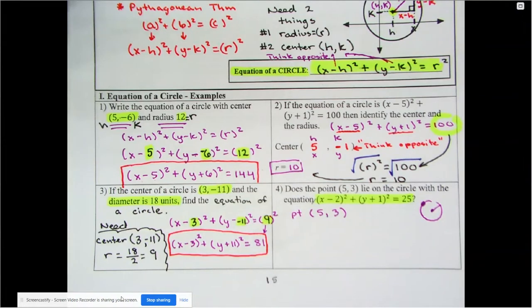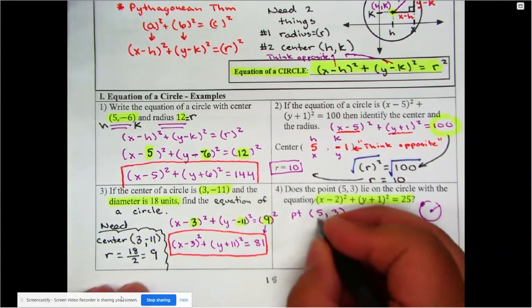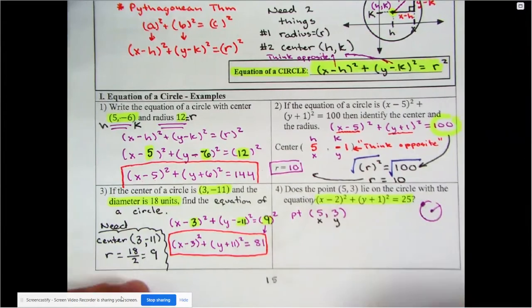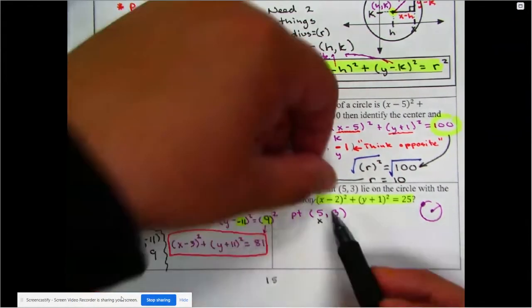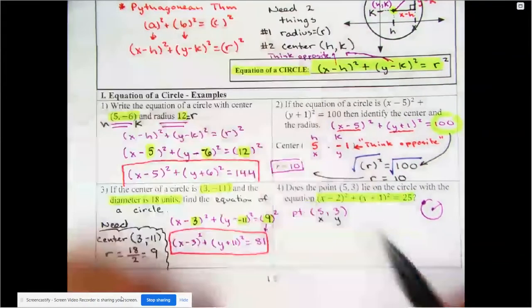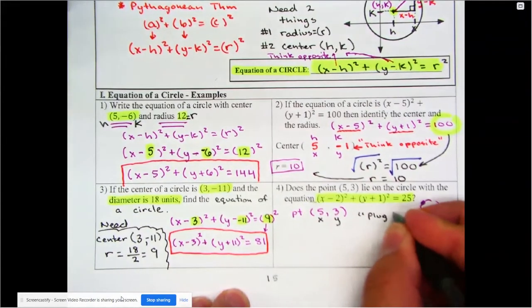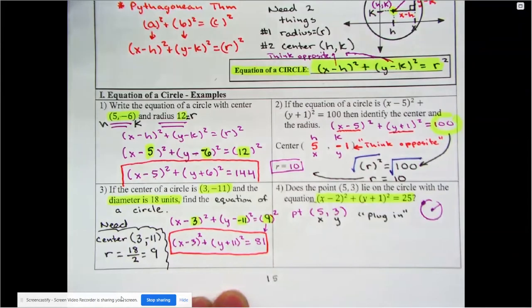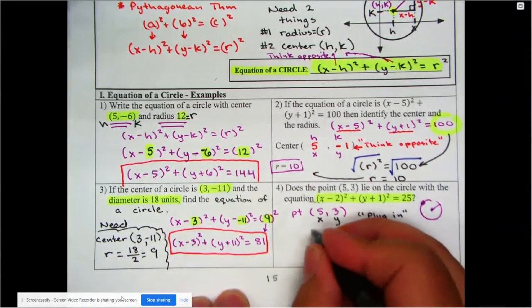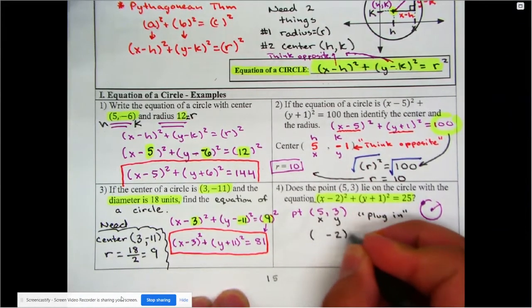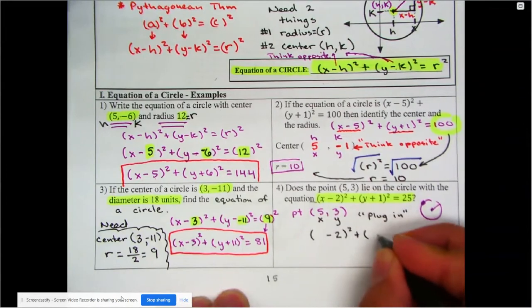Well, there's an easy way to find out. See, this is an X. This is a Y. Well, I see an X right here. I see a Y right here. So all we have to do is just plug in. We are going to plug in to find out if this thing works. So here we go. Again, very different approach to what we've been doing. Notice how I'm copying the equation in yellow there.